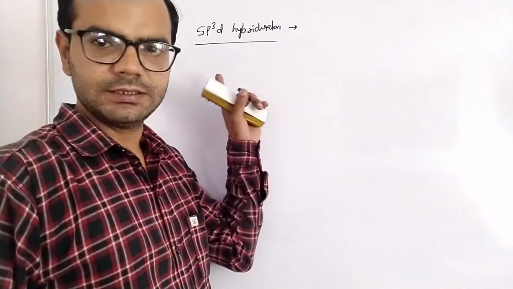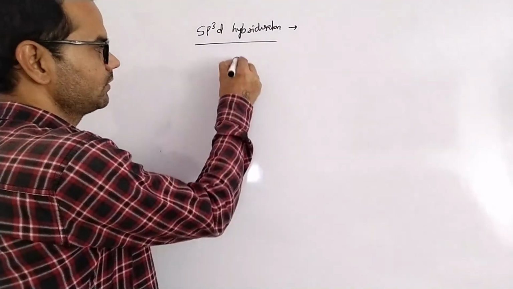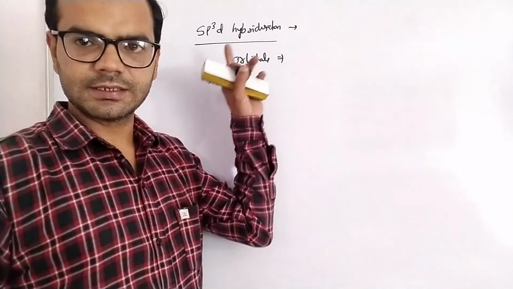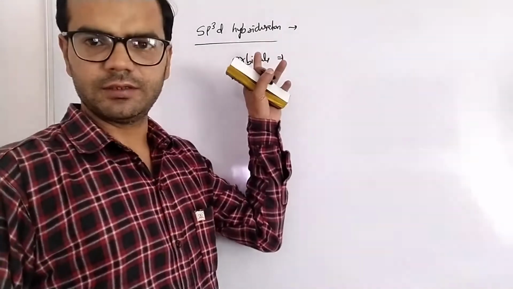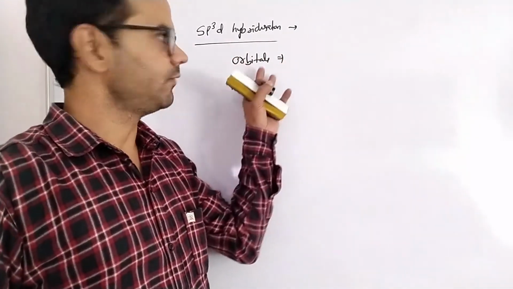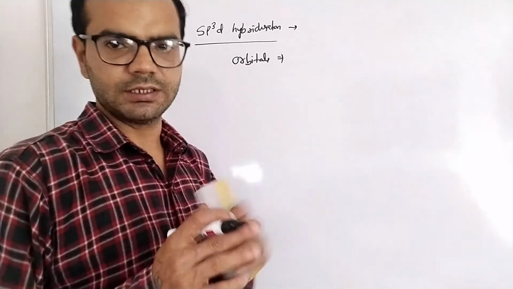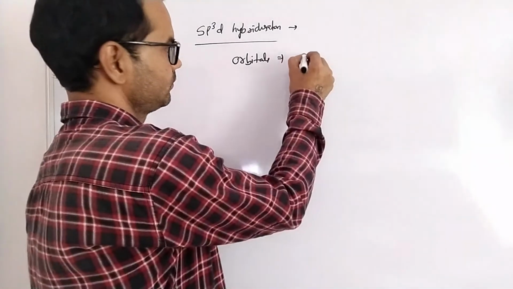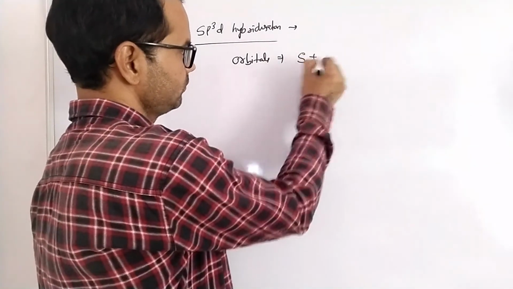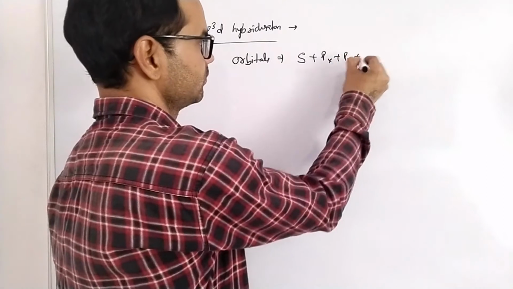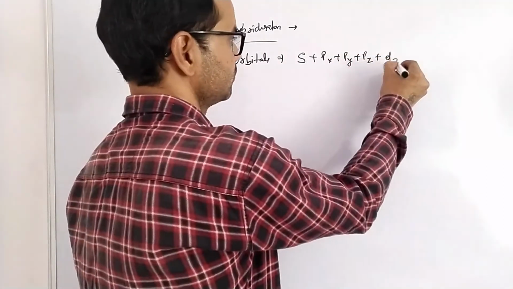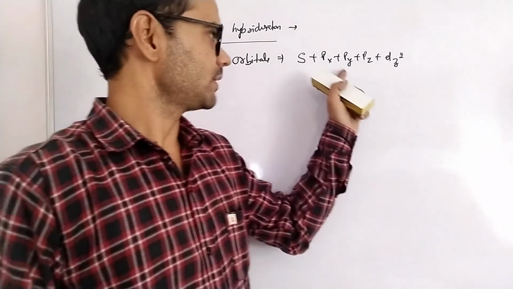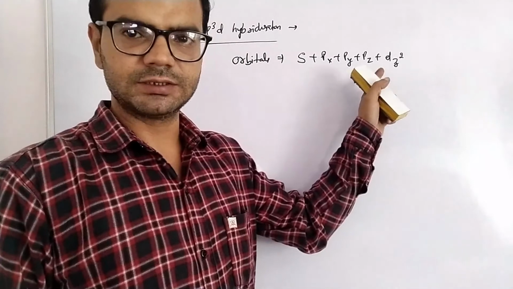sp3d hybridization. The orbitals involved are one orbital of s, three orbitals of p and one orbital of d. Total 5 orbitals will be involved and they will get intermixed with each other to form 5 new hybrid orbitals. The five orbitals are s, px, py, pz and dz square.